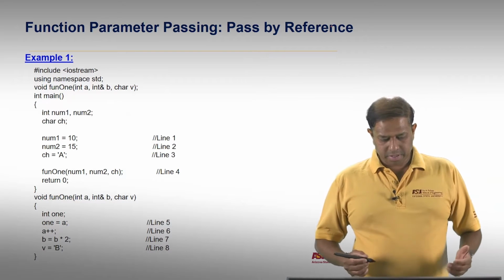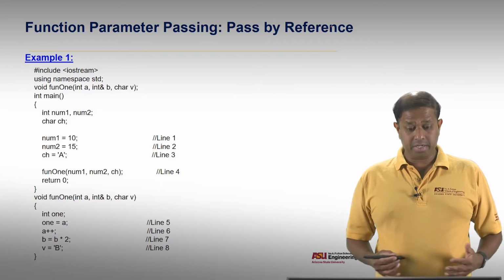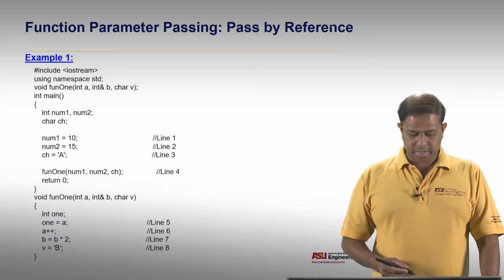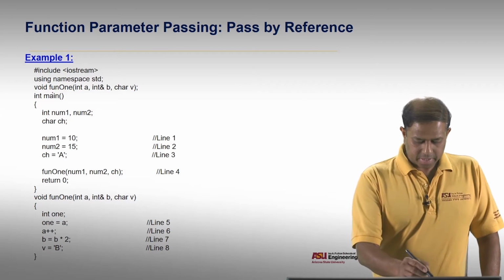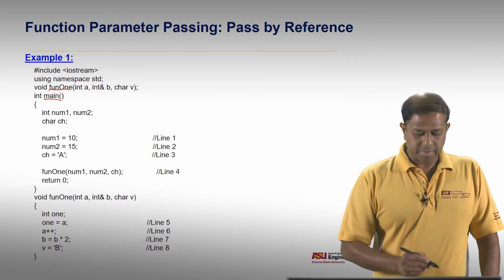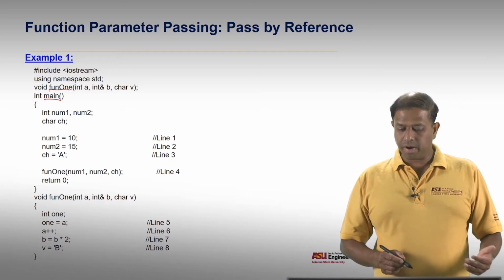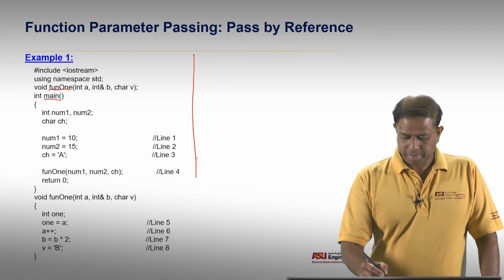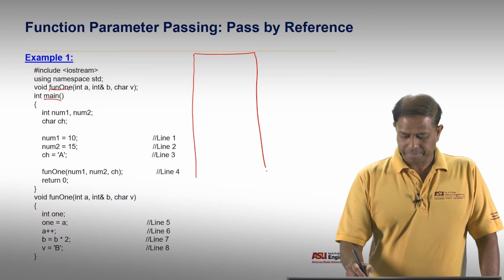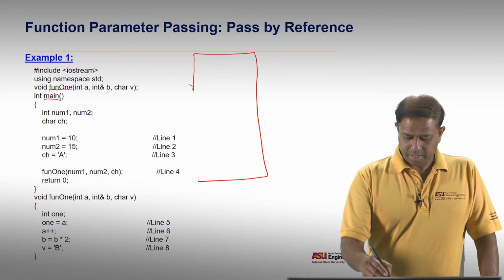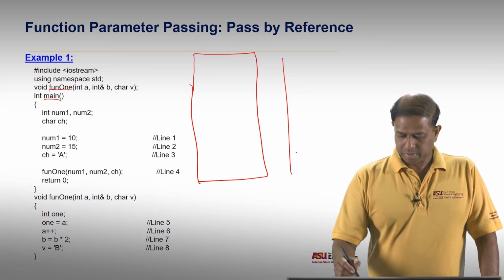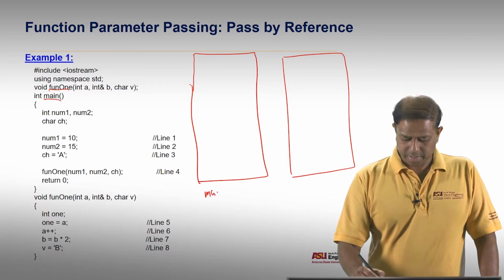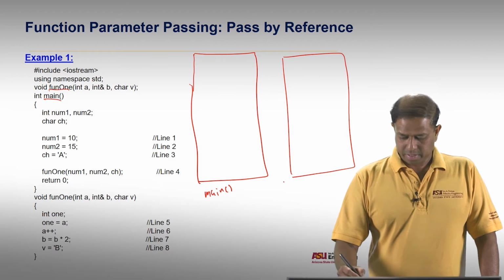Let's work out this one and see how the variables change as we execute this program. Here again we have 2 methods, the main method and the fun1 method. When we allocate memory, we allocate memory for the main method as well as function 1.